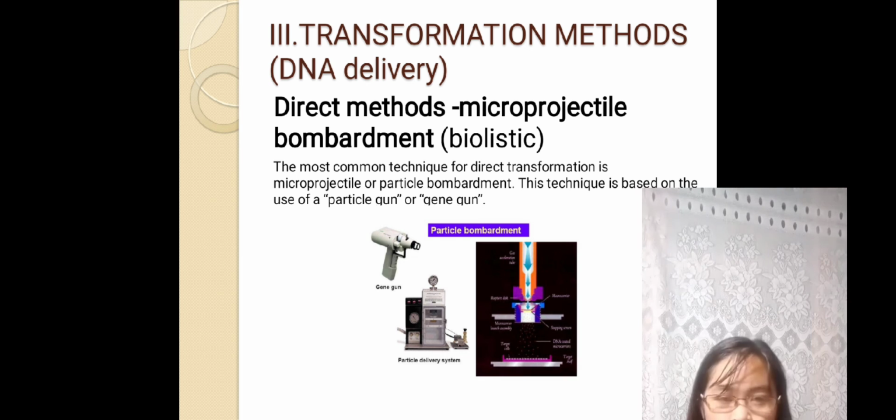The device used for bombardment can act on any type of cell, transforming not only the nucleus but also all the cellular organelles. Microprojectile bombardment is a technique by which foreign substances such as DNA are introduced directly into the living cells and tissues of plants.